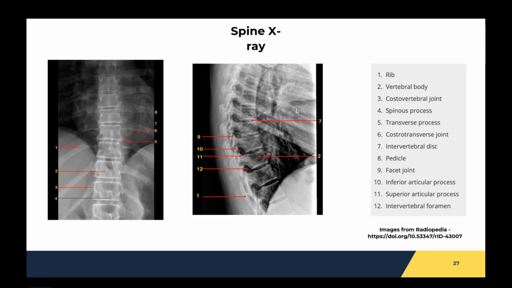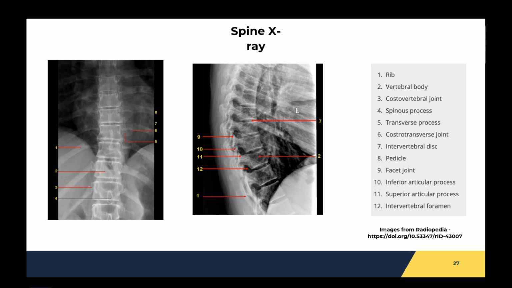Then you'd want to look at the vertebral bodies themselves, and the ones above and below the vertebral body you're looking at should roughly be uniform and equal. The vertebral body should be rectangular in shape as well. Then you want to have a look at the intervertebral discs, which are these, and they should have roughly the same spacing between each one.